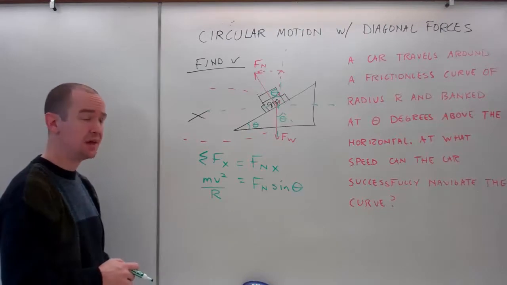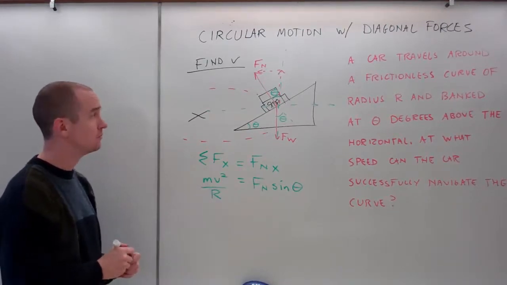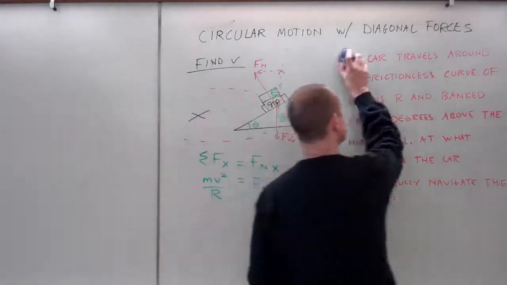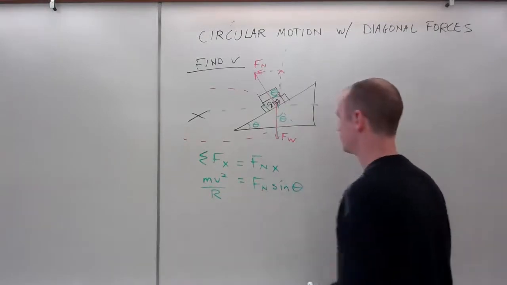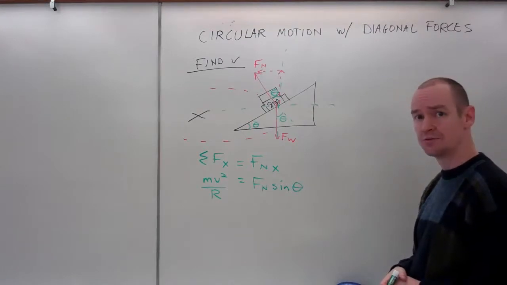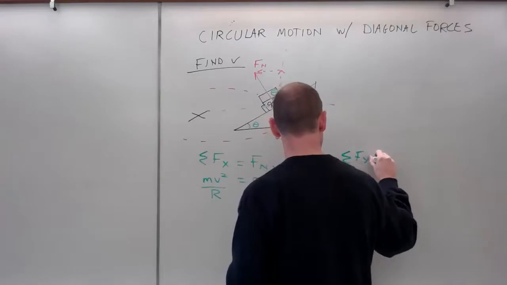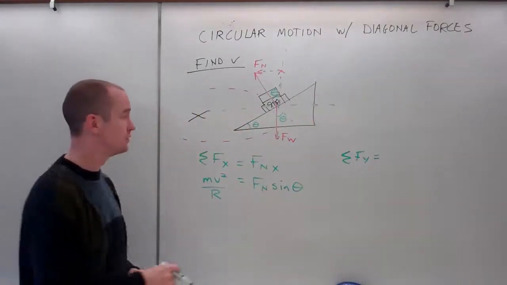I'm stuck. It would be really helpful to know Fn. Well, let's find it. You remember the problem. I'm going to erase it. So, that was the sum of the forces in the x. Now we'll look at the sum of the forces in the y. Looking at the forces in the y, there are clearly two forces.